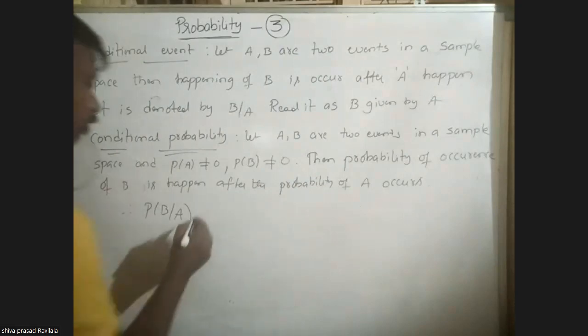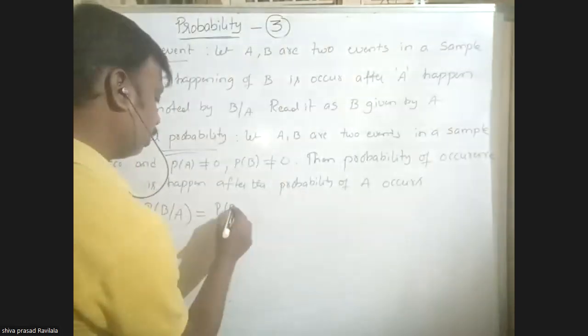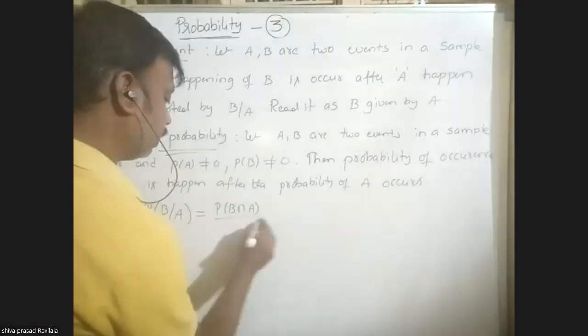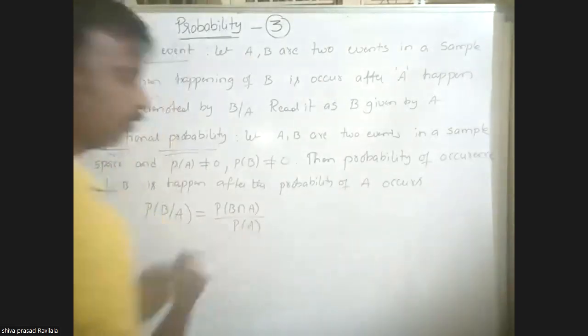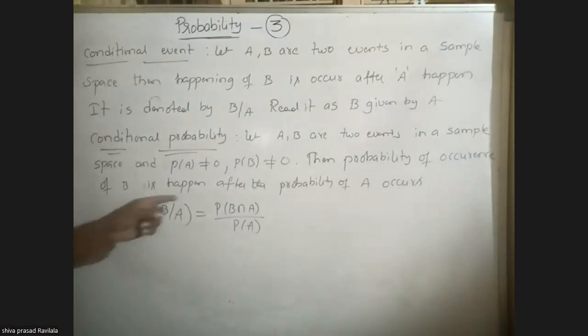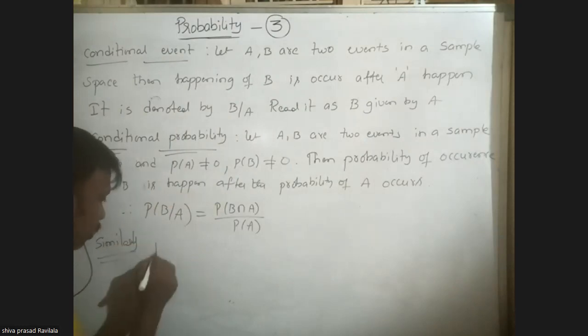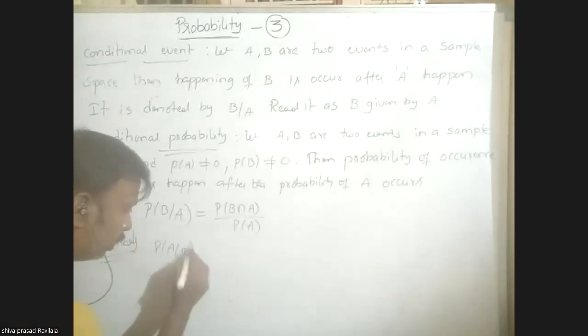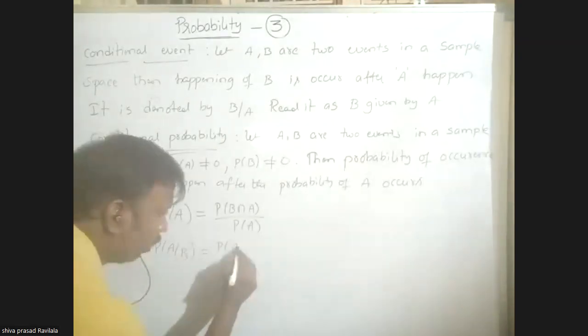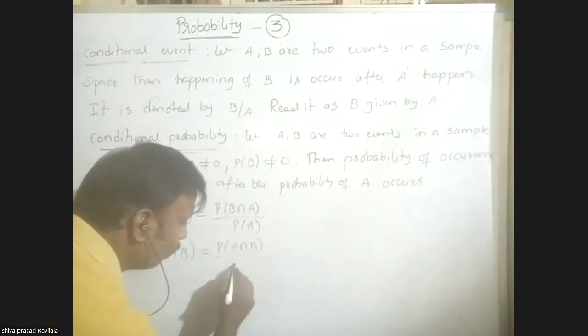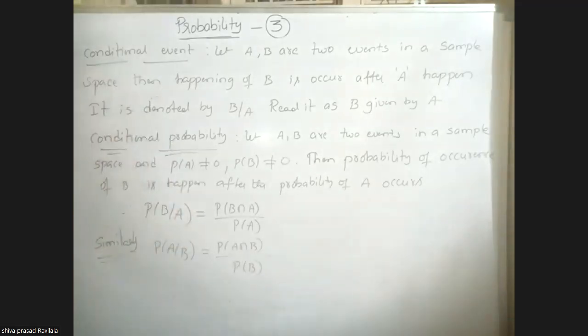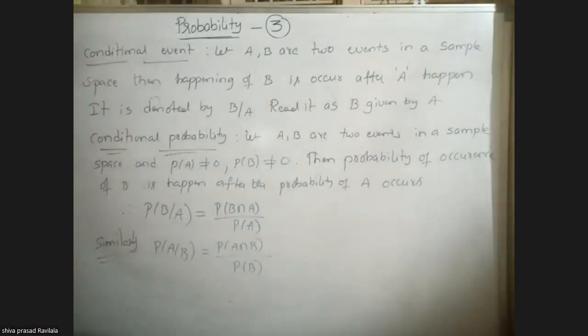Probability of B given by A is equal to probability of B intersection A by probability of A. Similarly, can I write probability of A given B? Sure. A given B: probability of A intersection B by denominator probability of B. Observe, on cross multiplication we get multiplication.